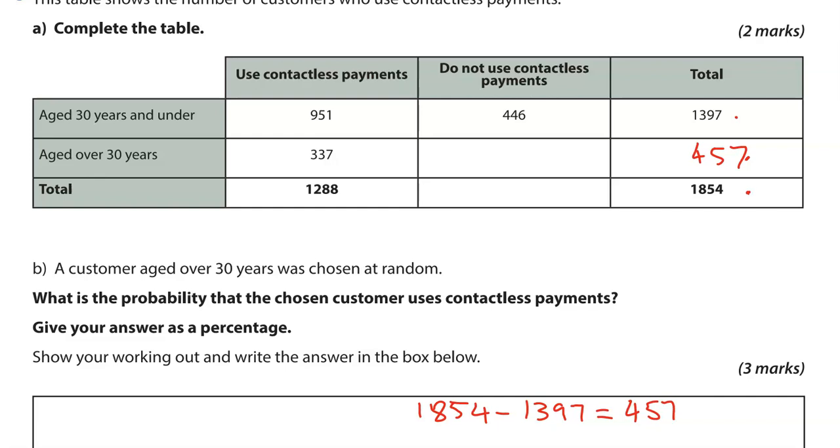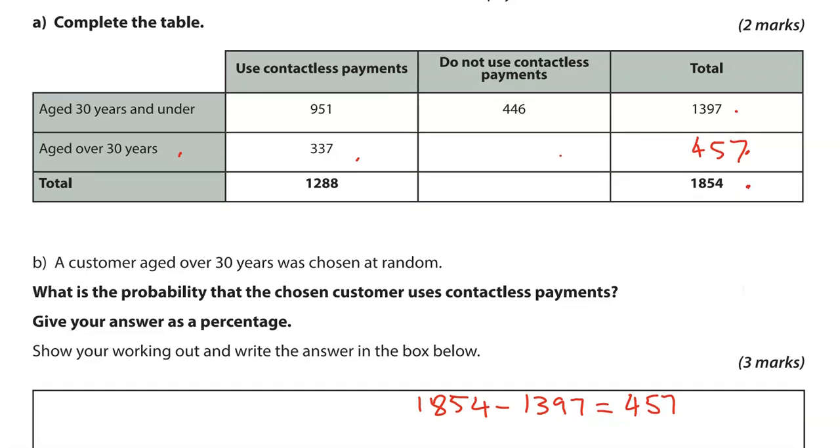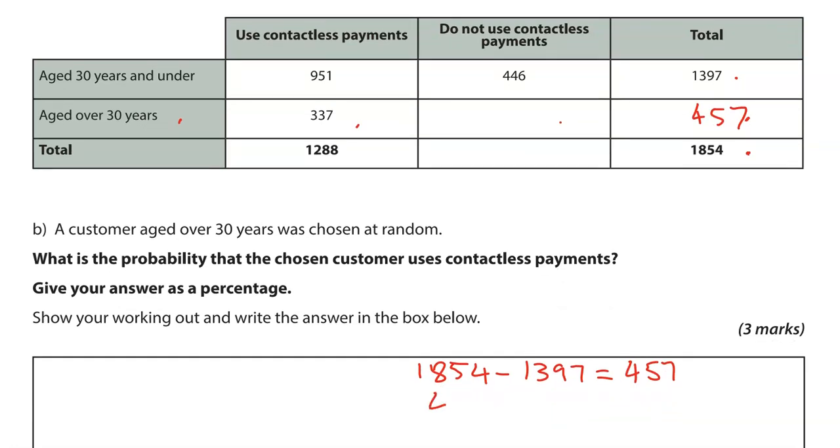Now, since we know 457 is the total for all those aged over 30 years, we're given those who use contactless payments being 337. So to work out those who do not use contactless payments and are aged over 30 years, we're going to do 457, which is the total for that row, take away 337, that is 120.